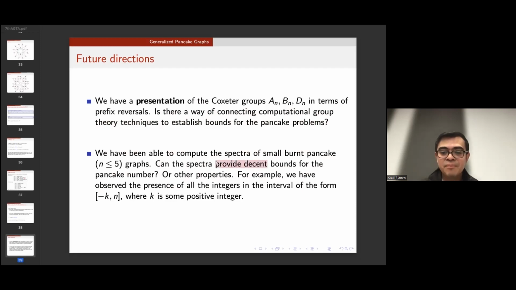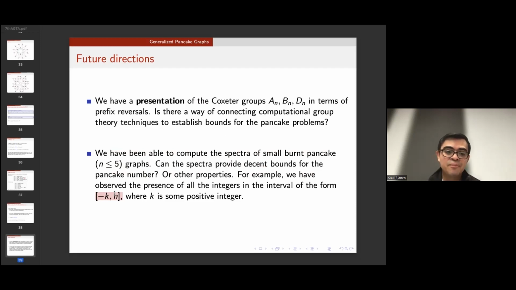One property that we found is the presence of integers: all the integers in an interval from minus some number k to some number n seem to appear as eigenvalues. You get other eigenvalues that are not integers, but we're only trying to focus on the integer values.